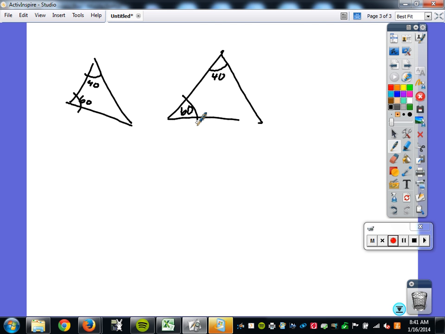They have all the same angles, because what does the triangle have to add up to be? Does everybody understand that a triangle has to add up to be 180? So therefore, 40 plus 60 is 100, plus how much more than 80? This guy has to be.